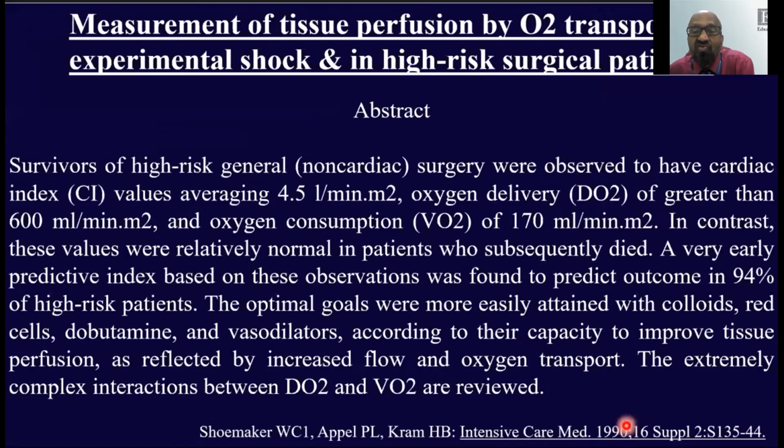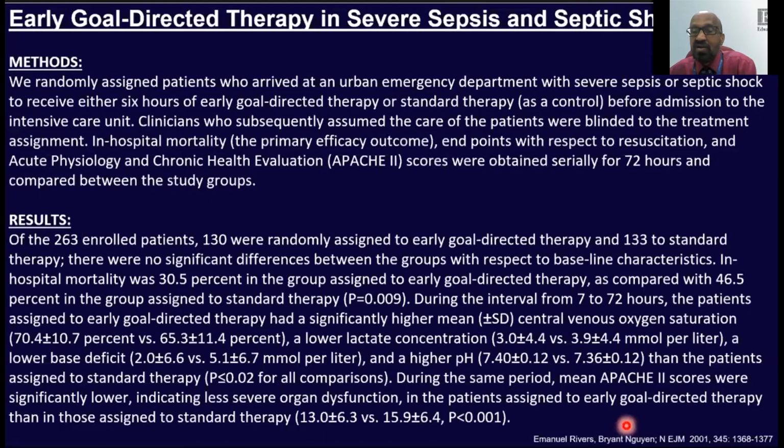This was followed by Shoemaker's proposal that supranormal oxygen transport is beneficial for patients who undergo high-risk general surgery, but these findings were not reproducible, and hence the supranormal oxygen delivery proposed by Shoemaker et al. is no longer validated in the current era.